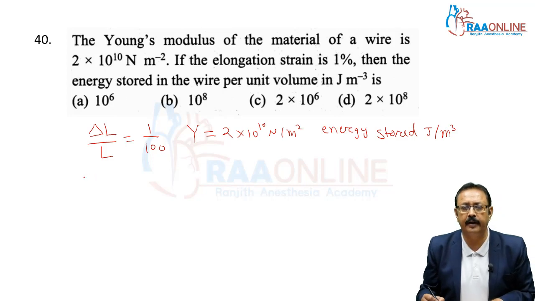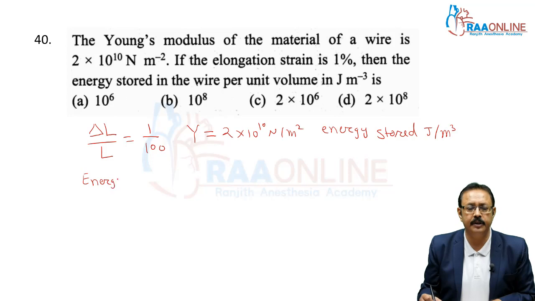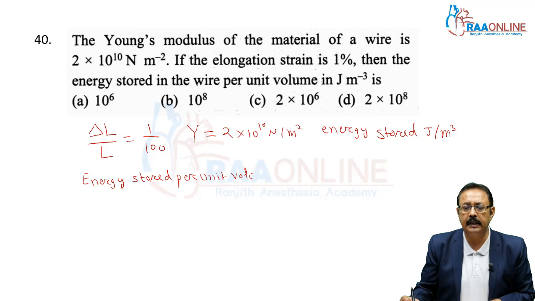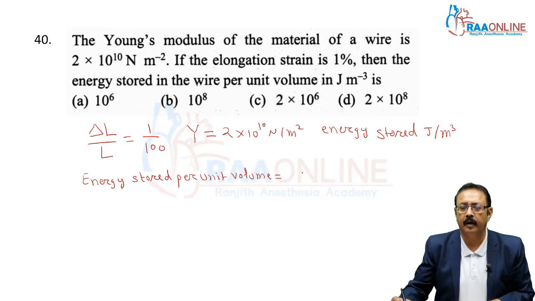What is the formula for energy stored per unit volume? Energy stored per unit volume is given by half stress into strain. Strain is given, stress is not given. Stress we can write as Young modulus into strain.